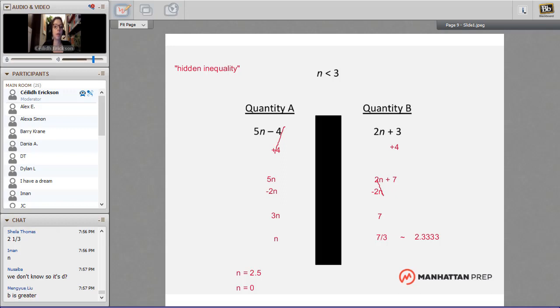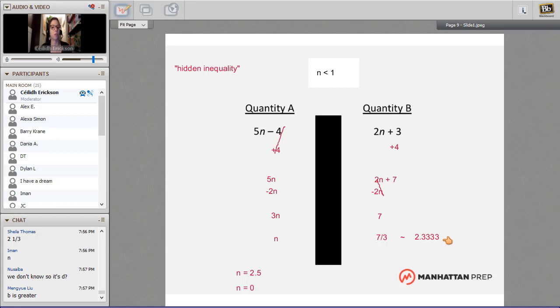But if we were given different upfront information, imagine that our original constraint, instead of n less than 3, was n less than 1? In that case, if we're given that n is less than 1, and once we simplify, we're comparing n to 2 1/3, then clearly 2 1/3 would have to be greater.